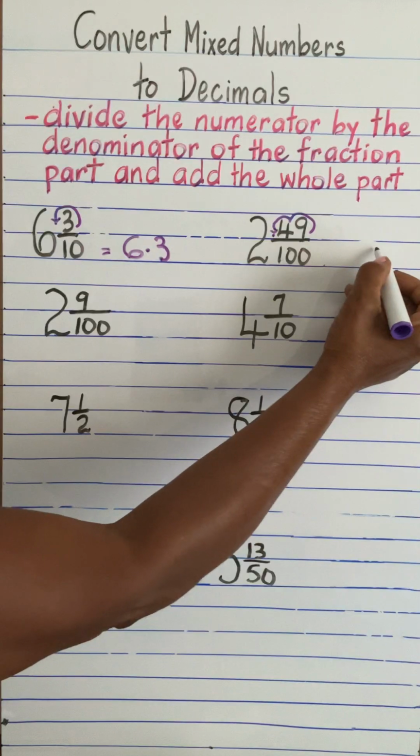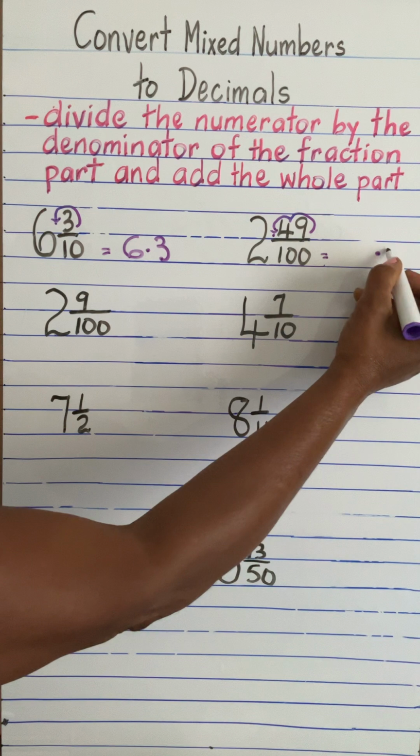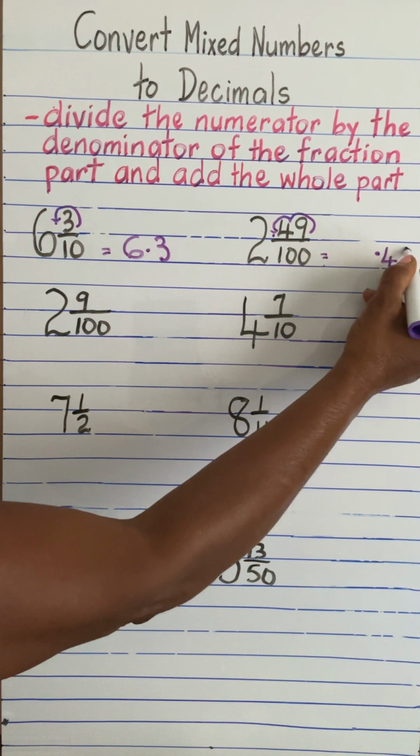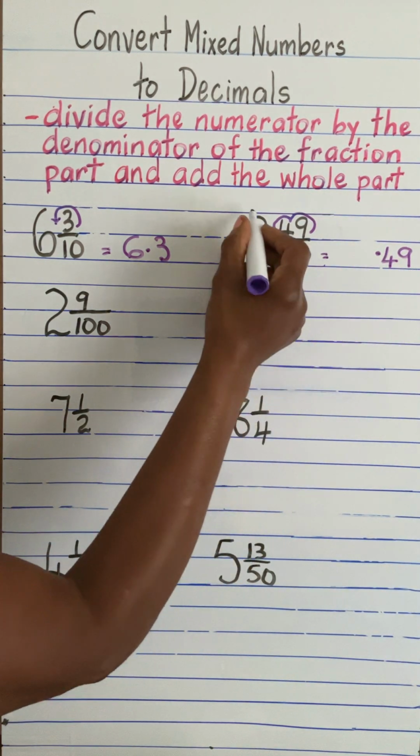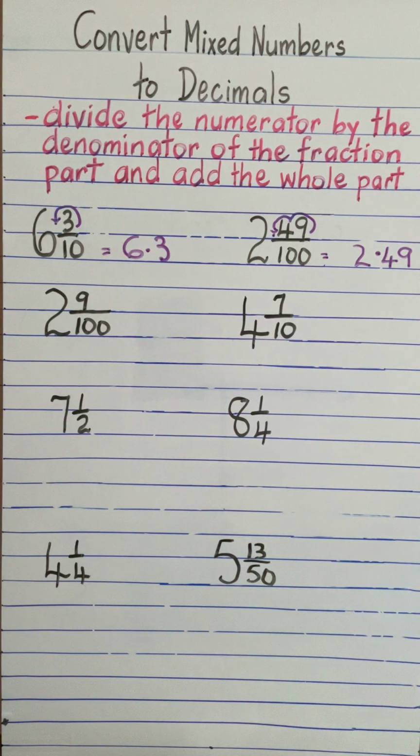So that is equal to 0.49, and the whole part is 2. So the fraction part is 0.49 and the whole part is 2. So we have 2 and 49 over 100 is equal to 2.49.